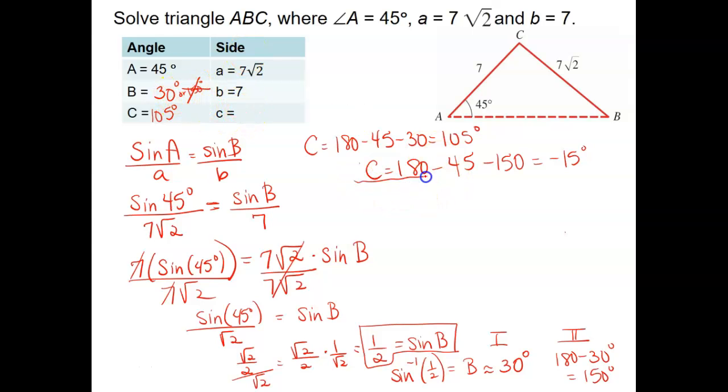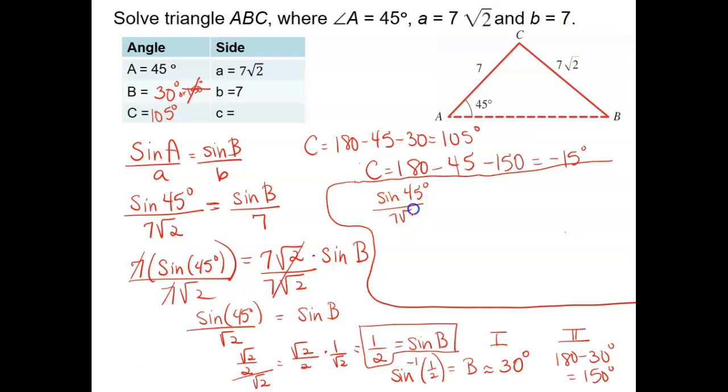So if I look here, I'm going to give myself a little bit of space to finish this up. Hopefully I can squeeze it in here. I'm going to just use the A's again. So I'll have sine of 45 over 7 times the square root of 2, and that's going to equal the sine of 105 divided by side C. We'll cross multiply.